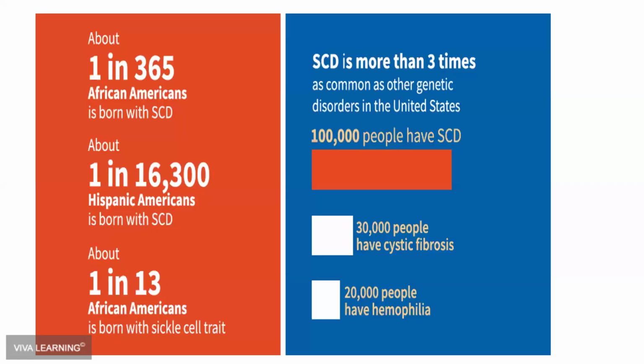That makes sickle cell more than 3 times as common as other genetic disorders in the United States. One of the amazing things is that so many people do not know their sickle cell status. They don't know if they have the disease, or if they have the trait.